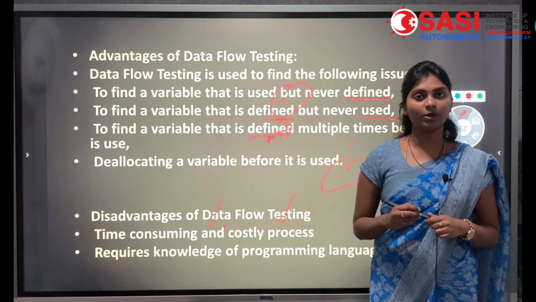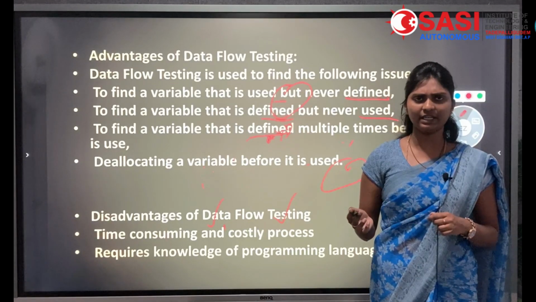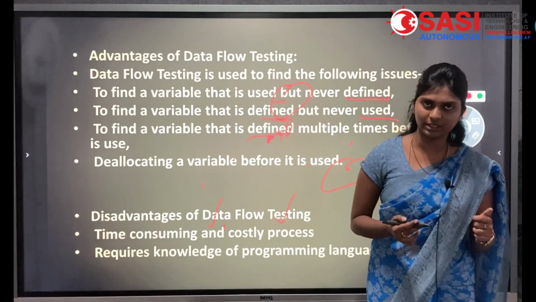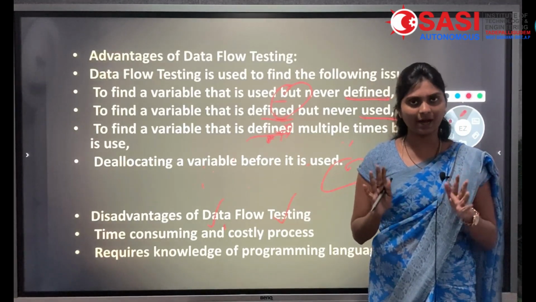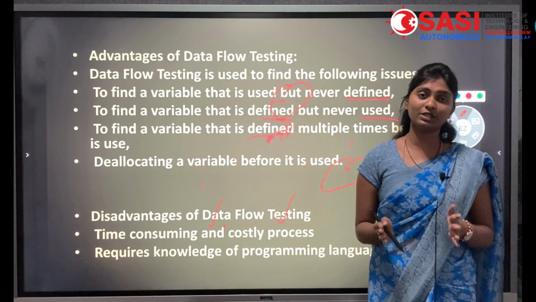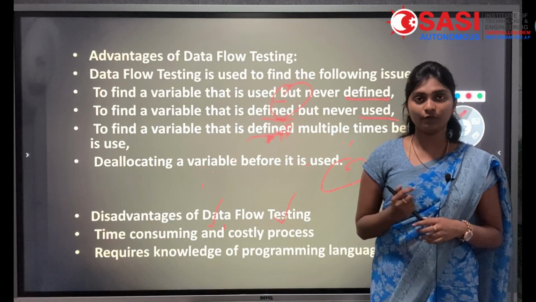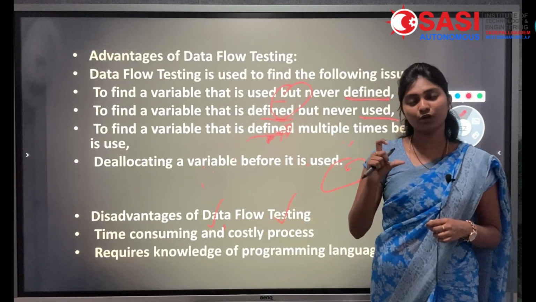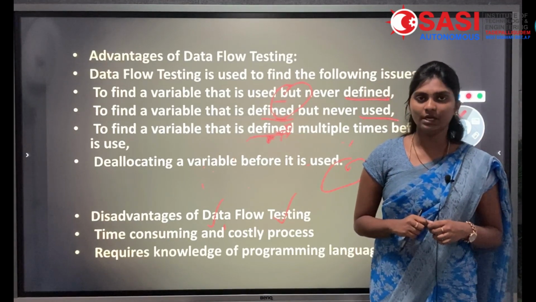Next, I talked about a small example I took, where age is greater than 18. If it is greater, we will print that it is a female. If it is not, it will be a man. So finally we have to know whether it is male or female. Next, a small example I also took is a control flow graph. The control flow graph comes from white box testing, which is structural testing.